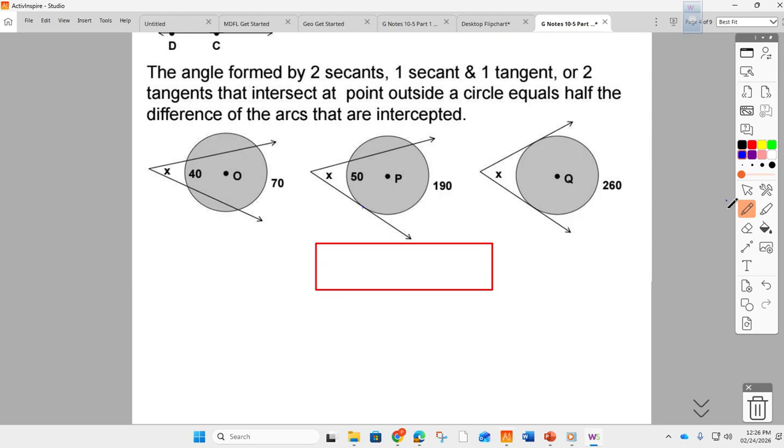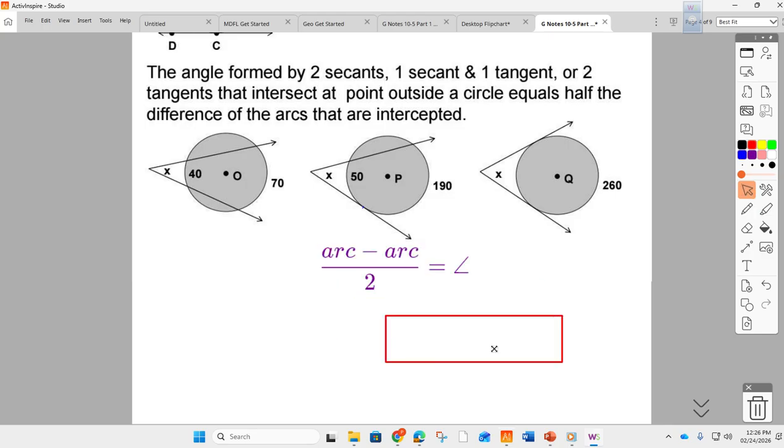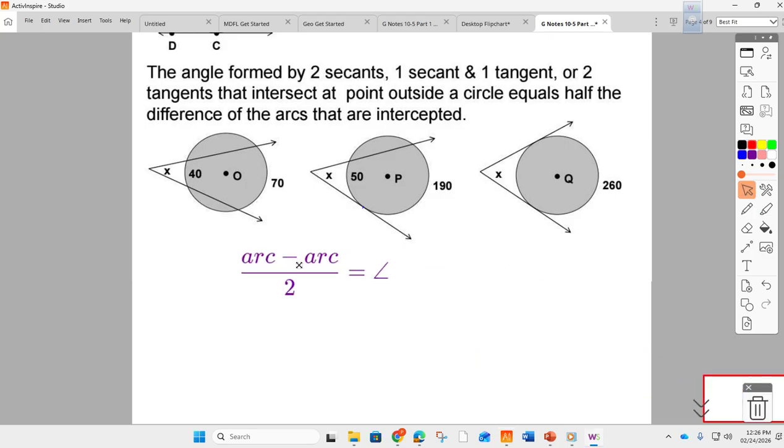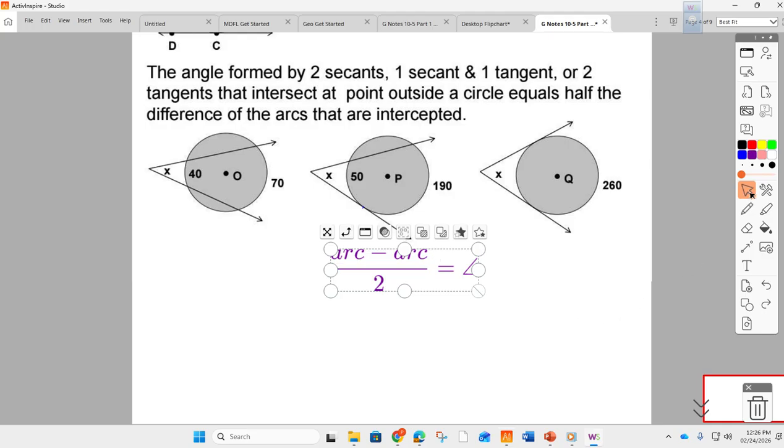This rule says that this big arc that intercepts this angle minus this smaller arc that's intersected by this angle, divided by 2, equals the angle. So arc minus arc divided by 2 equals the angle.